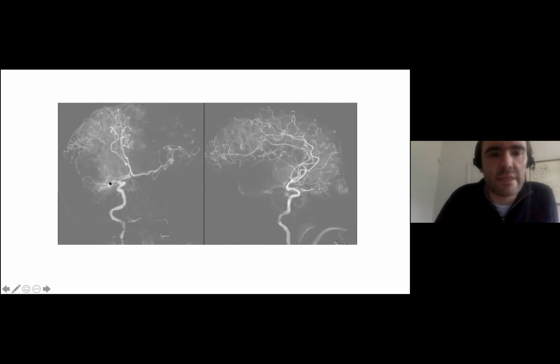This is interesting because you can see the reason why this particular patient is doing so well, despite the fact that the M1 is gone: she's got excellent collateral circulation. You can see that this area is almost being perfused by the anterior cerebral territory.